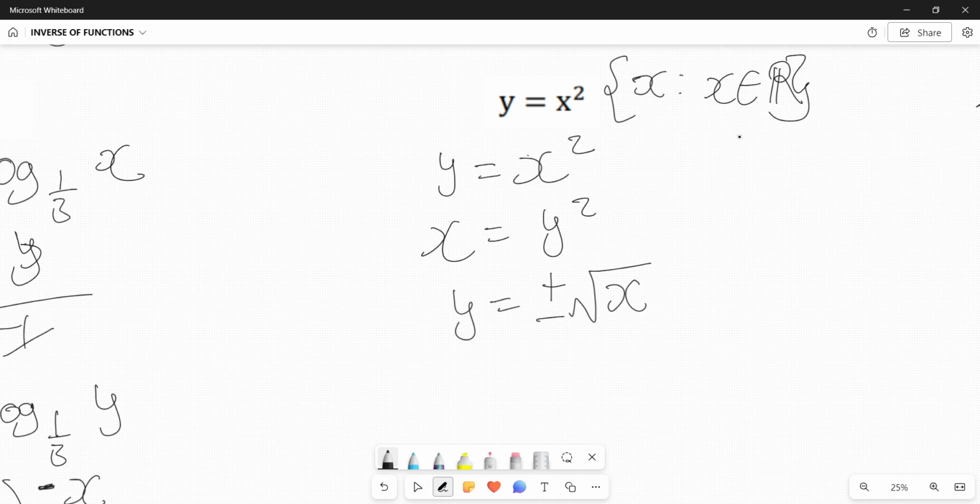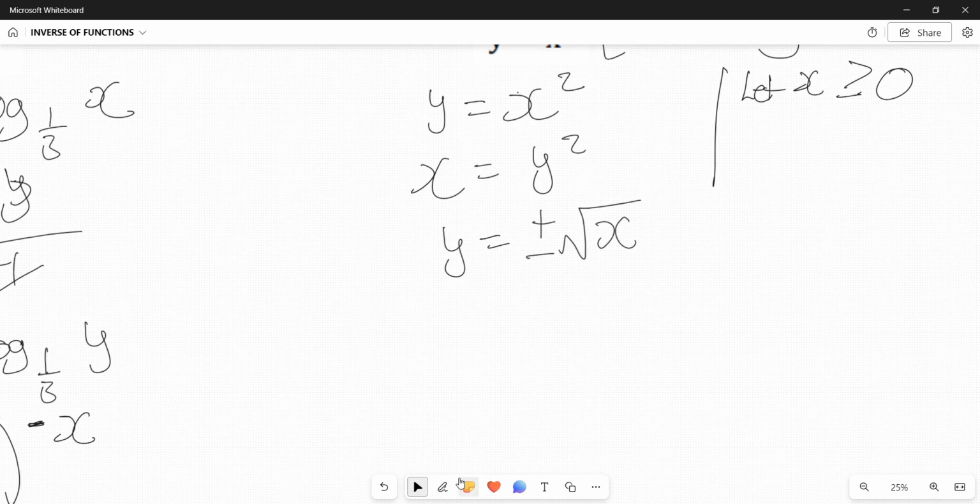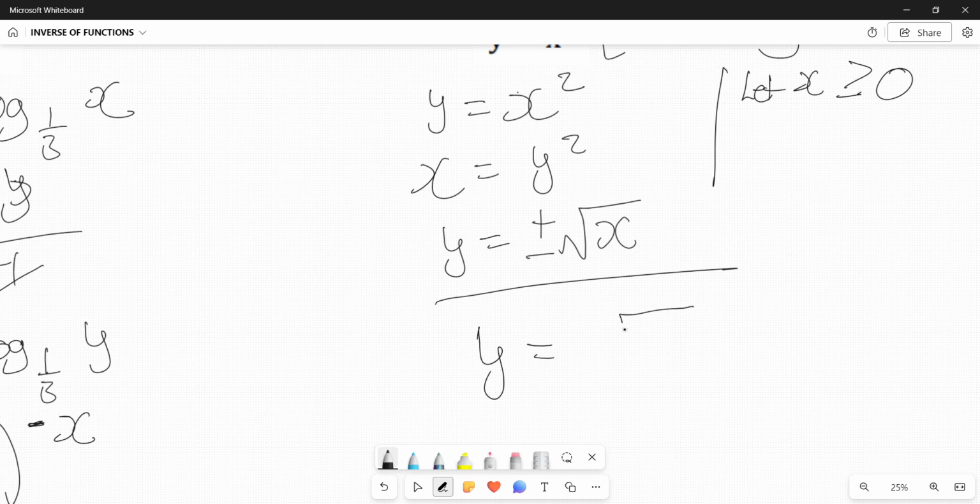Let x be 0 or greater than or equal to 0. So now we have restricted our domain to be greater than or equal to 0 for our original function. Then therefore we can say the inverse function will be y equals square root of x, whereby y is greater than or equal to 0.